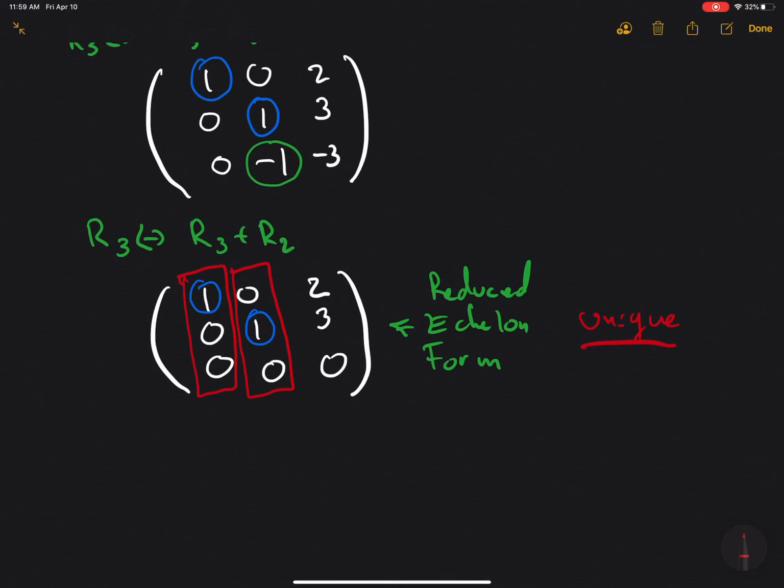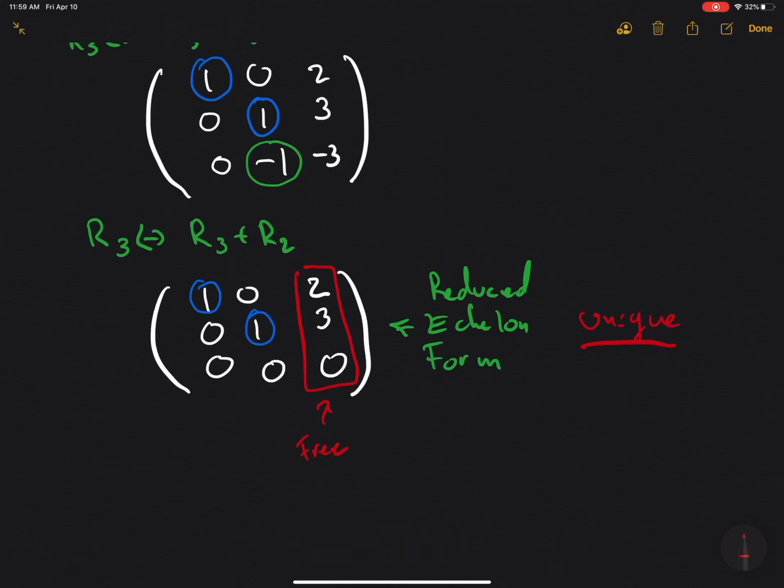Now in this case, notice that we have the last row to be actually just a row of zeros. In other words, notice that we don't have a pivot in the last column. This is a free column, so to speak, because I don't have a pivot. I can think about a pivot as something fixed.